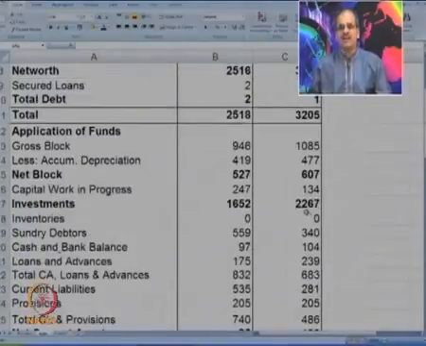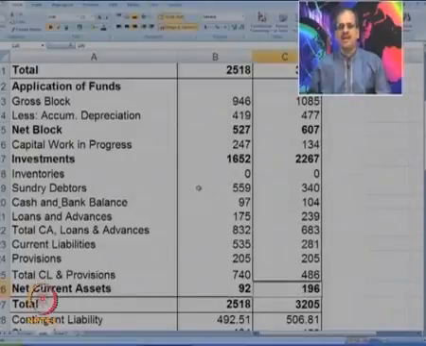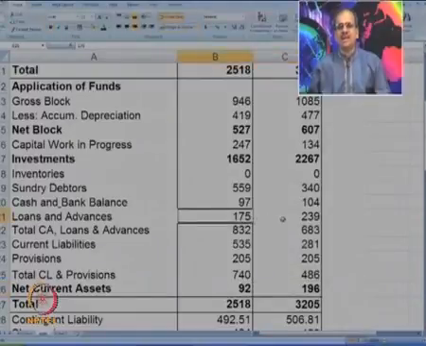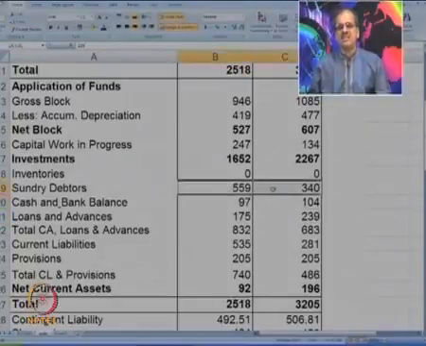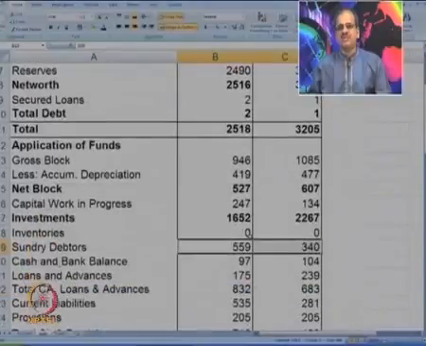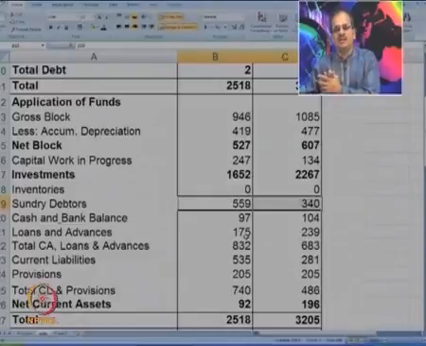Have a look at the figures. You will find that the net current assets have almost doubled. And if you look at the current assets, you will realize that loans and advances have increased, cash balance have also increased, but the sundry debtors have reduced, which is a good sign. That means it is not that unnecessarily there is an accumulation of debtors.